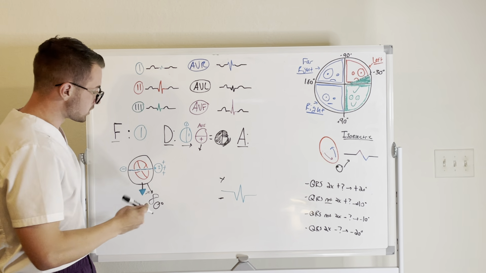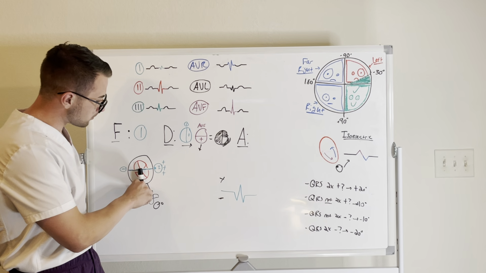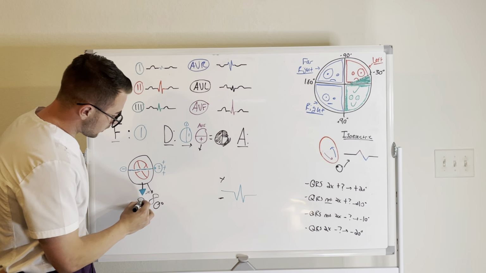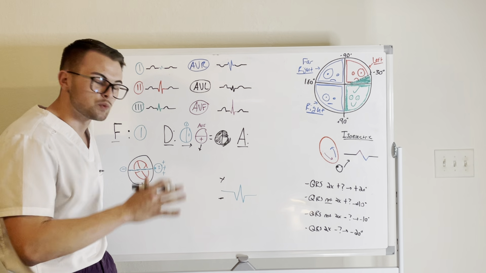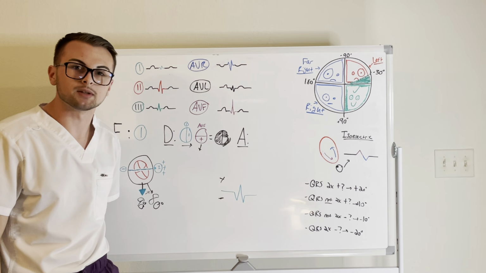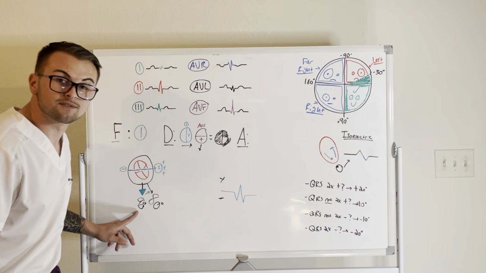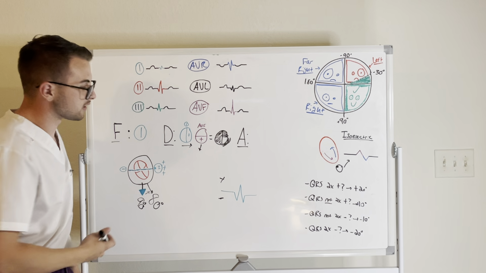Well, we know that it must be in the left lower quadrant, so it is going to be perpendicular to lead 1, which means that it's going to be 90 degrees. So this isn't good enough for us. We want to be extremely, extremely precise.